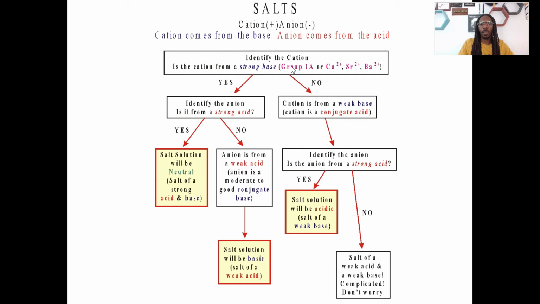If our cation is coming from not a strong base, but a weak base, and it's not even coming from a strong acid, in this case, we have a weak acid and a weak base. Then what do we do? Well, we'll say that for later.